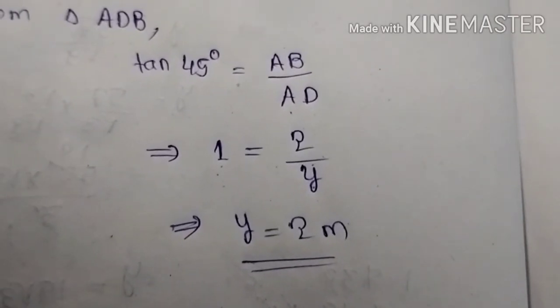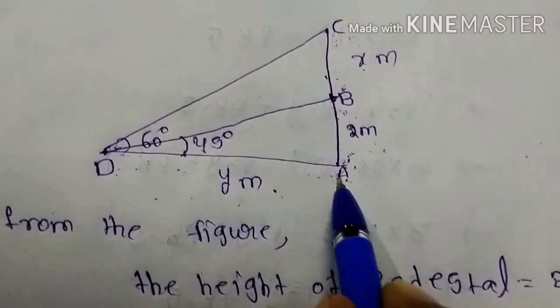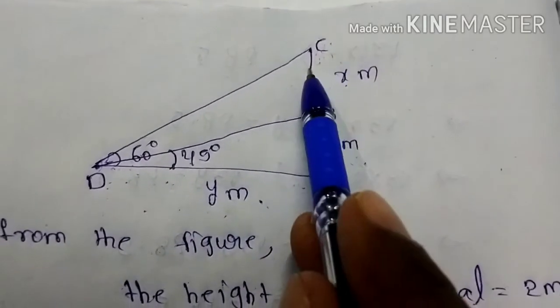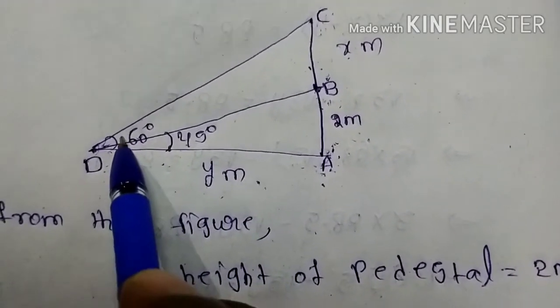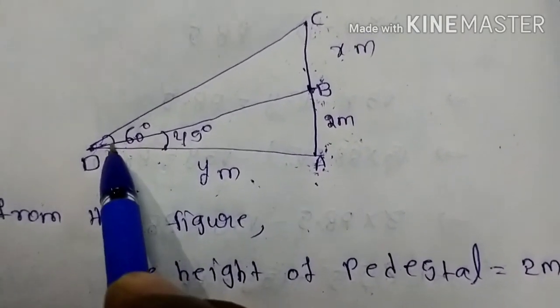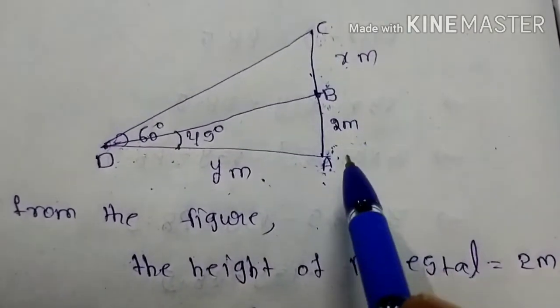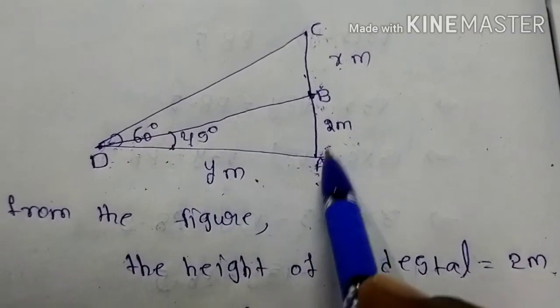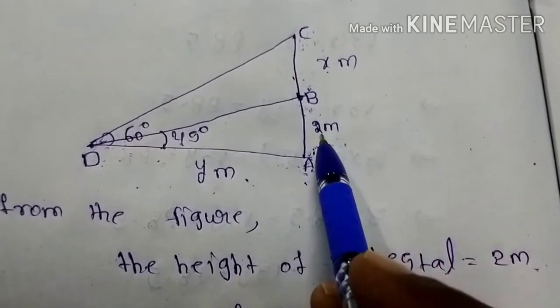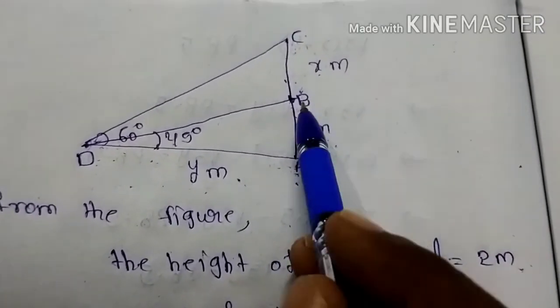See, in triangle ADC, tan 60 is equal to AC by AD or not? Yes. AC means X plus 2. AC is equal to AB plus BC or not?